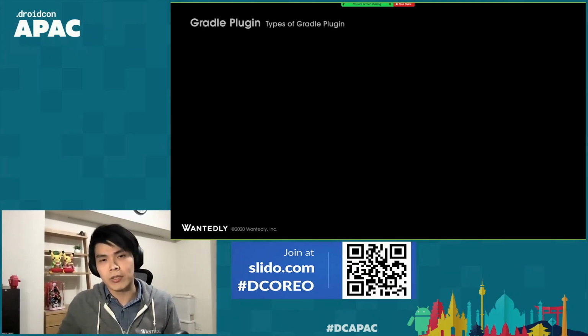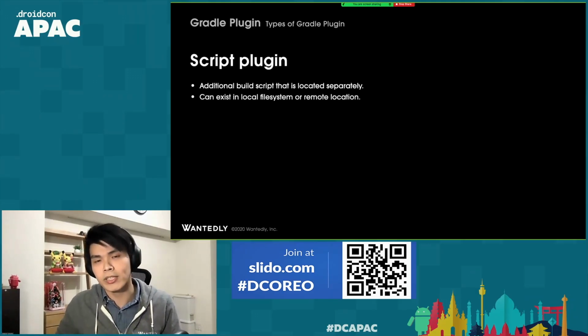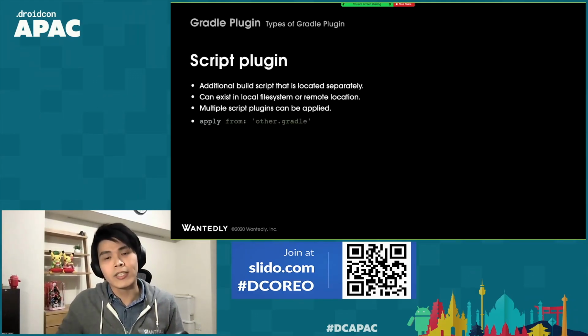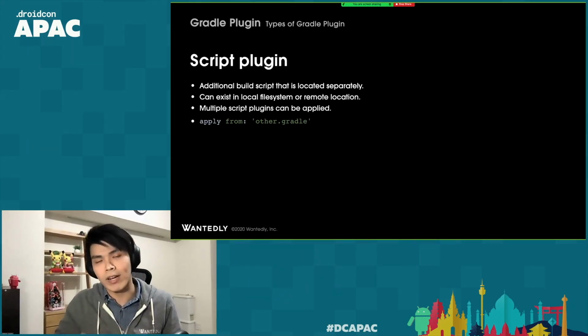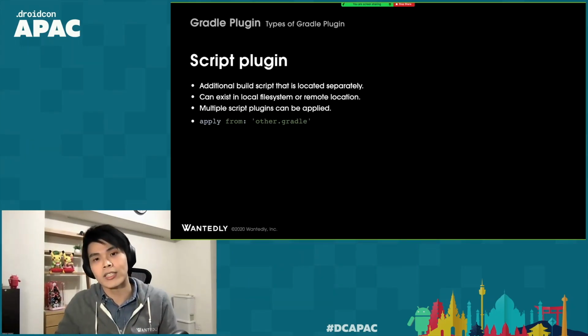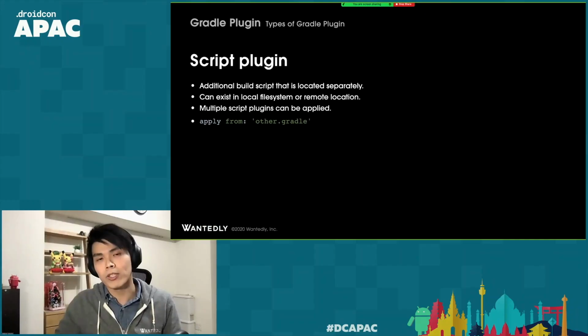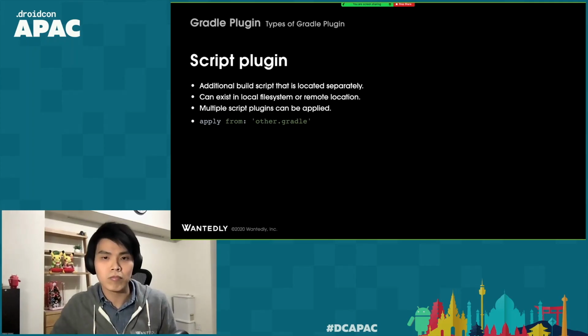There are two types of Gradle plugins. The first type is called a script plugin. A script plugin is an additional build script that is located separately from your main build.gradle files, and it can exist either in a local file system or in a remote location. And you can apply multiple script plugins using apply from and then specifying the location of that build script.